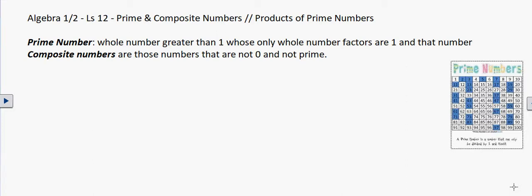An example could be found on the prime numbers chart to the right, and I'll pick the first one, 2. 2's only factors are 2 and 1. Greater than 1, only whole number factors are 1 and that number.